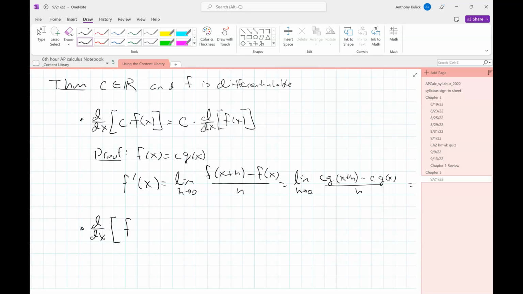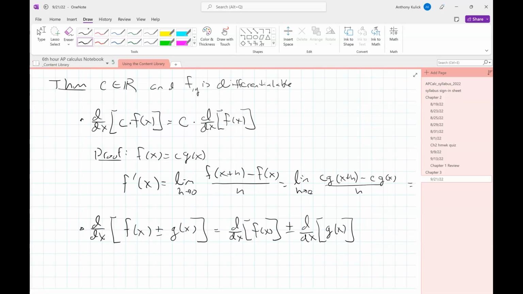Our next one, well, I guess I want to add g here too. The derivative of f of x plus g of x is just the derivative of f of x plus the derivative of g of x.